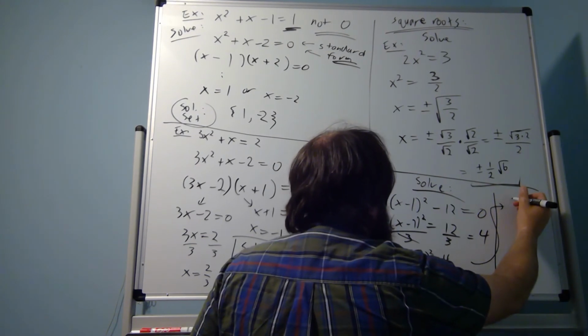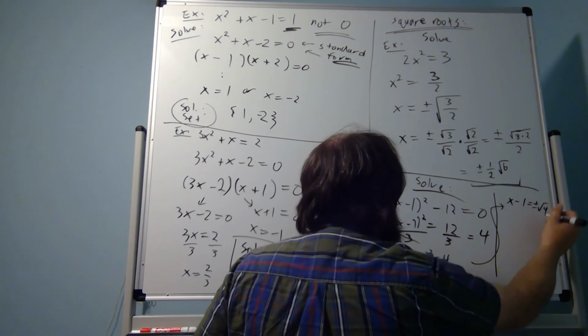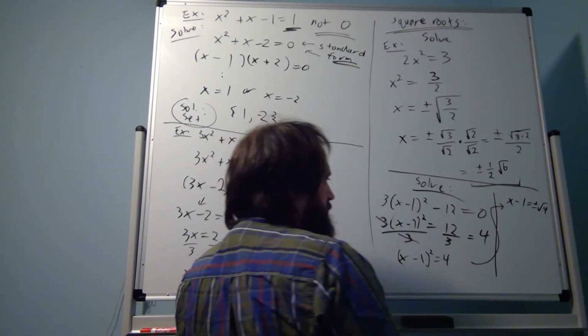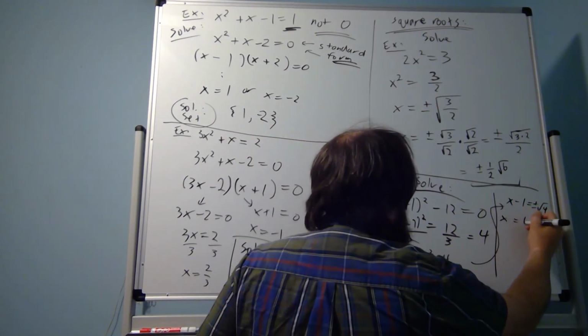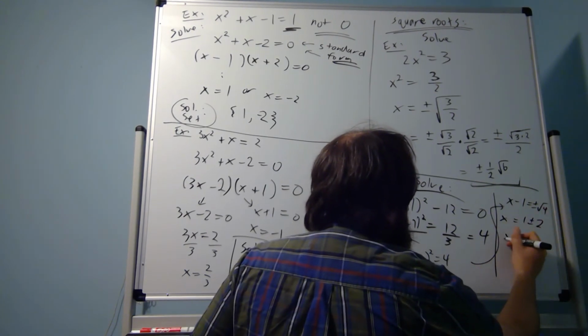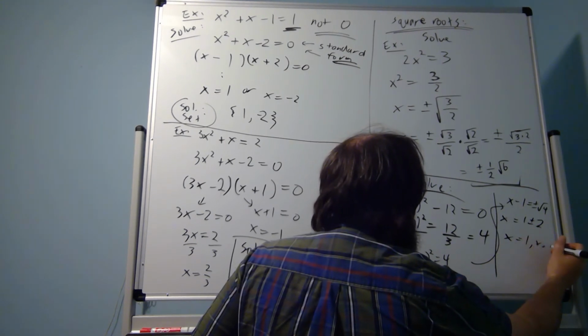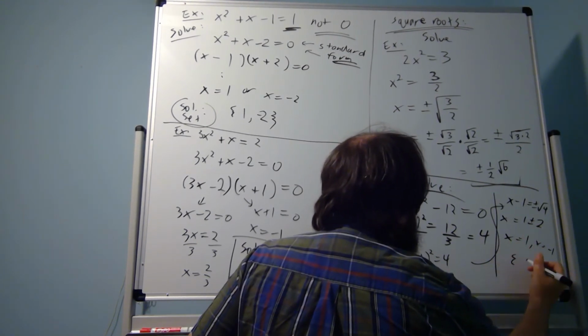We're a little low on space, but it's almost done. x minus 1 is equal to plus or minus the square root of 4. So x is equal to 1 plus or minus 2. So x is equal to 3, or x is equal to negative 1.